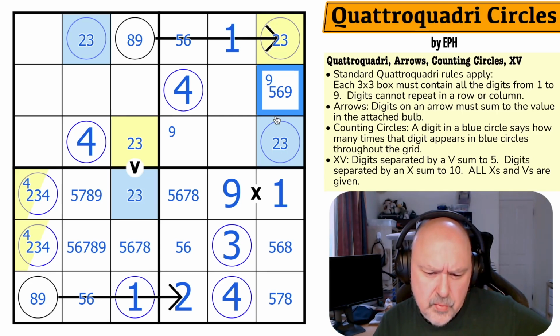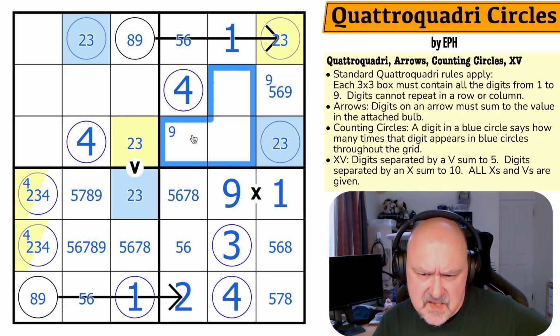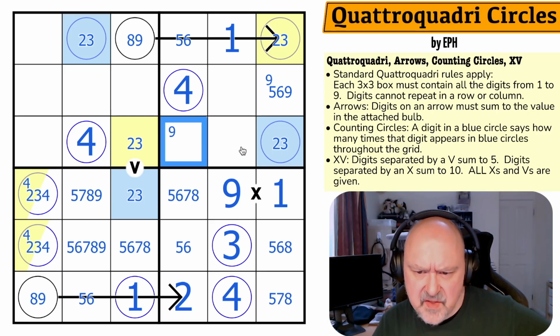So 8 is in one of these. 7 is in one of these. If 7 is in one of these, it's going to distinguish which one of these is true.